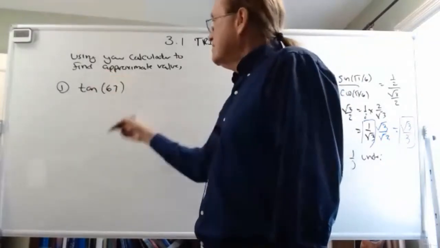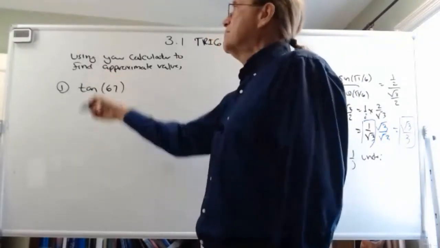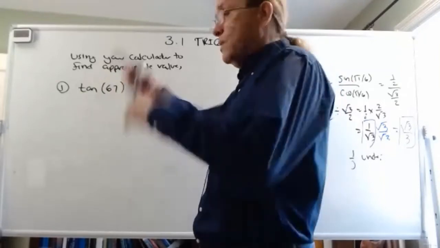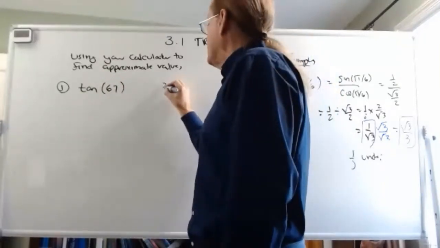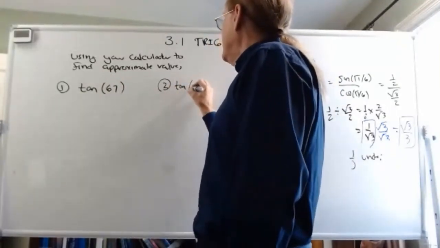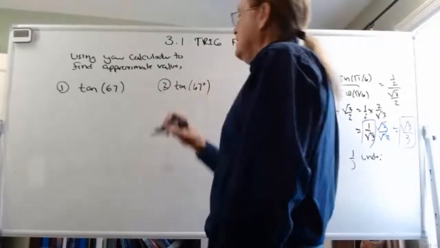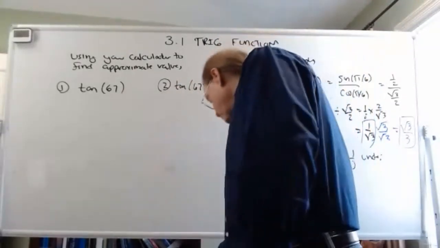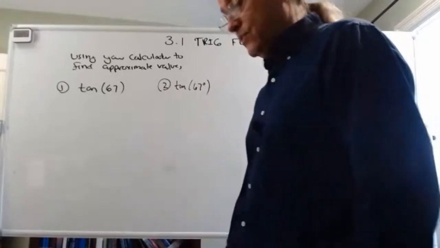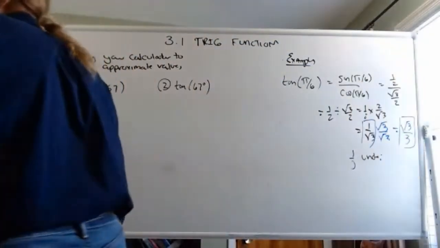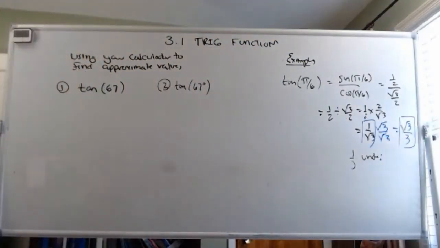This is more than 10 times around the unit circle, and then where it ends, as opposed to the tangent of 67 degrees. Now let's take a look at both of those on your calculator. You see they are not the same. You have to be careful when you're doing these problems when they come up.